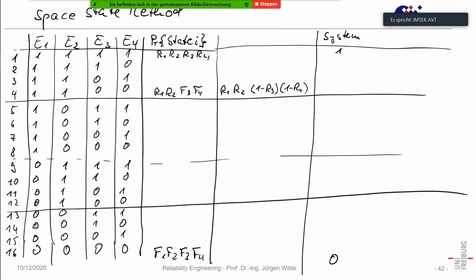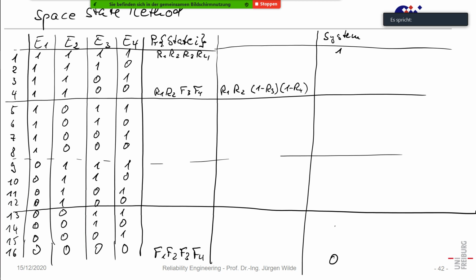Also, all cases where three elements are defective, we can be quite sure that these are failed.